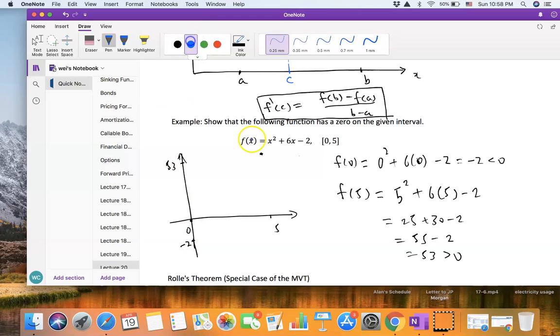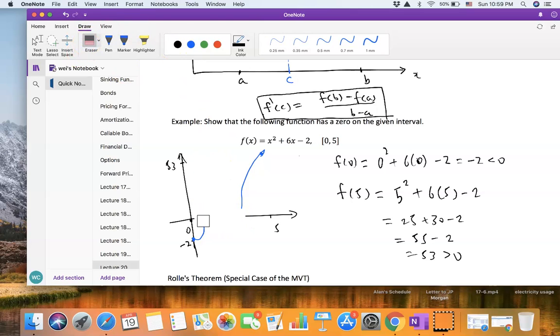So if we want to connect these two points, then the graph has to pass the x-axis. So therefore, we can show that the function has at least one zero on the given interval from 0 to 5. Now, if the two points are connected in this way, then we have 3 zeros, right?